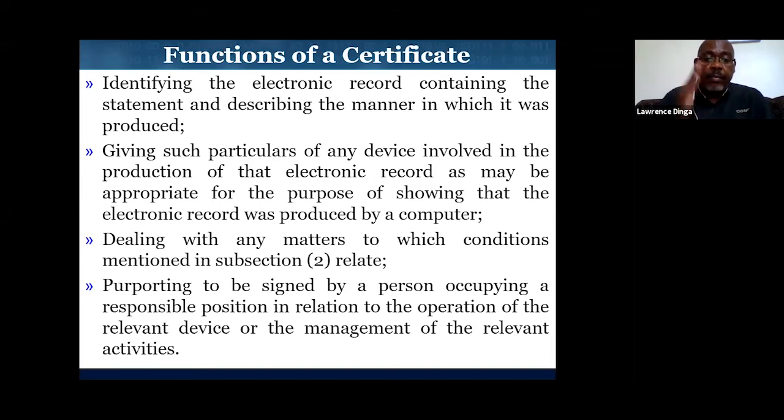So when we talk about electronic evidence, we are dealing with 3 sections of the Act: section 65.8, which is talking about computer printout; section 78A, which is talking about the messages, WhatsApp, SMS; and then section 78A must be read together with section 106B, which is talking about the certificate.